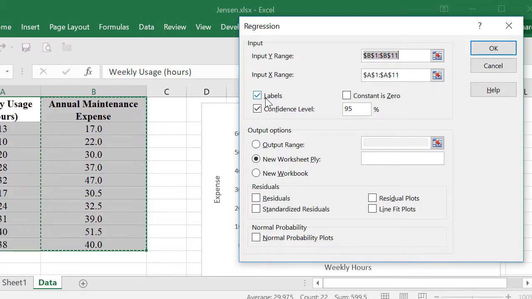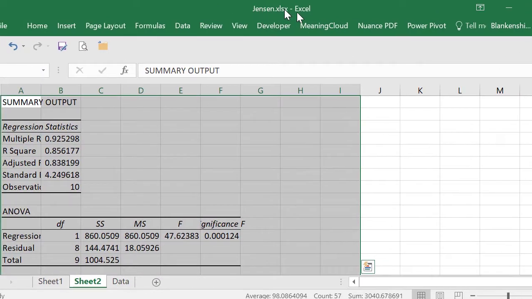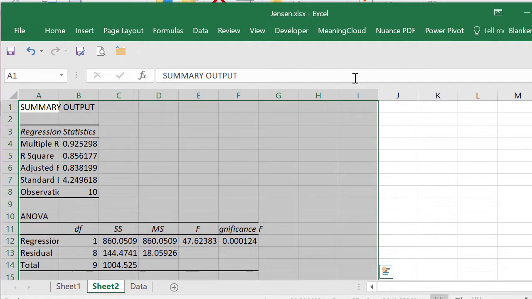I want to include labels so I'll know what I'm looking at. I don't want to force the line through the 0 point. I'm going to put it on a new worksheet, and I don't want any of these residual plots yet, so I'll hit OK. And so then what you're given is this output.